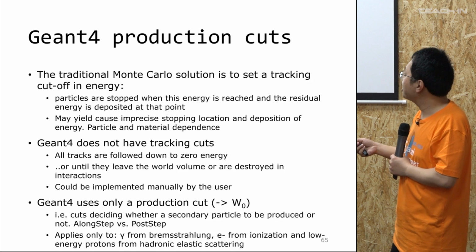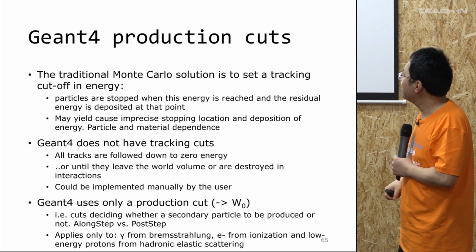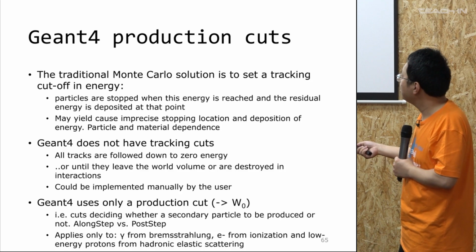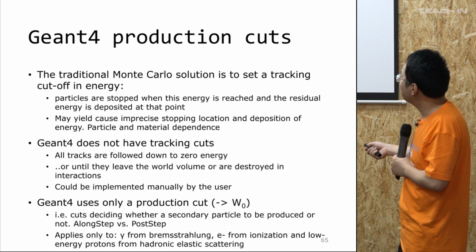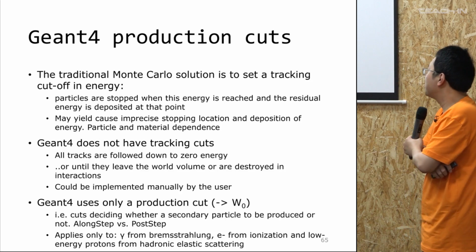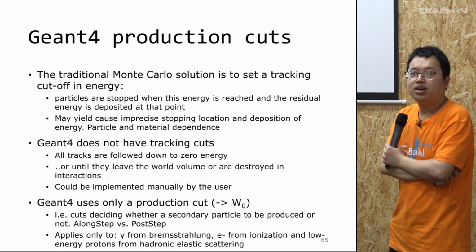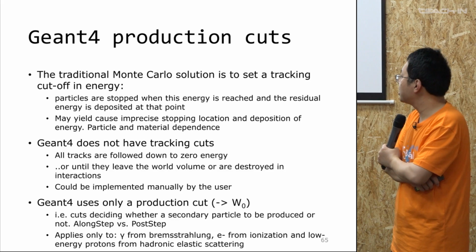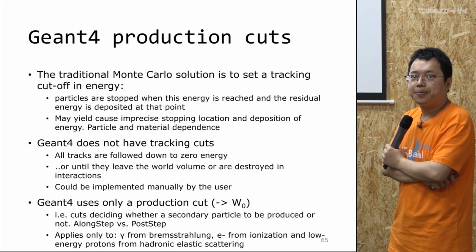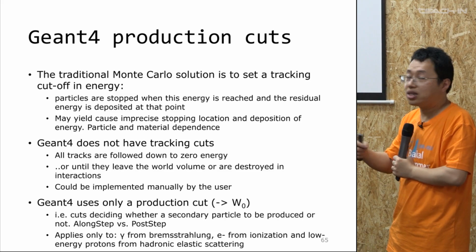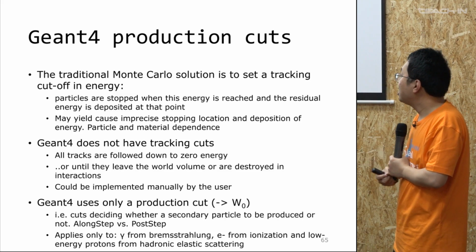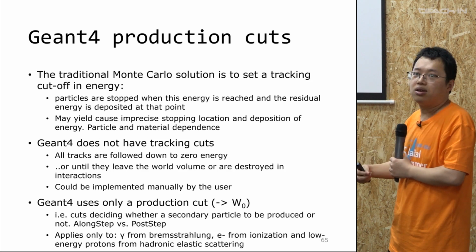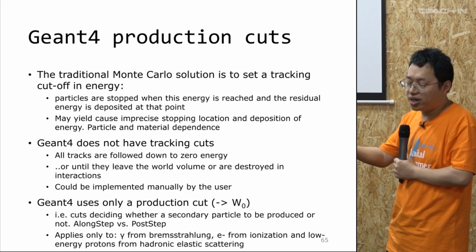So how to control the simulation time is that Geant4 uses the so-called production cuts. Let's call it W0. This is like a cut that decides: if the secondary energy is larger than this threshold, then this secondary particle will be created by Geant4. Otherwise, if this energy is lower than this threshold, Geant4 will not create this particle.